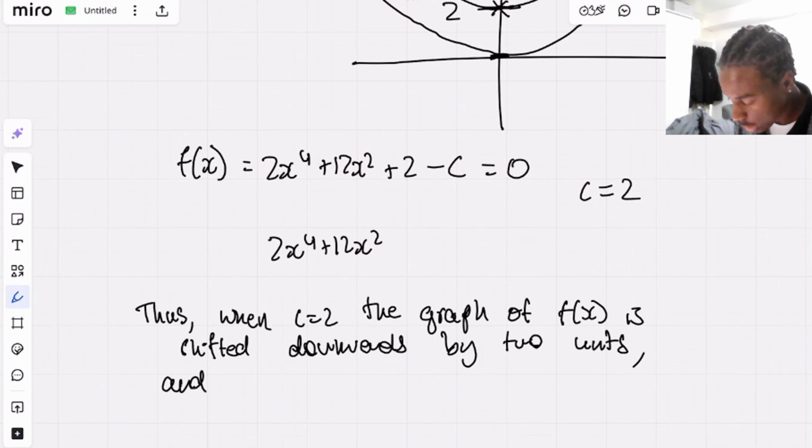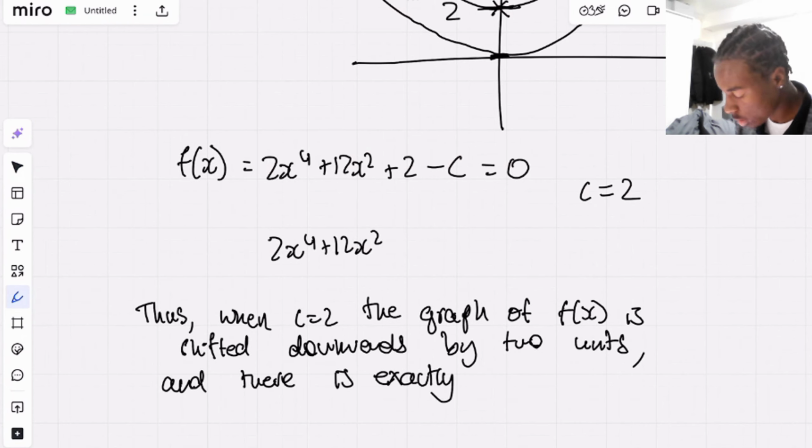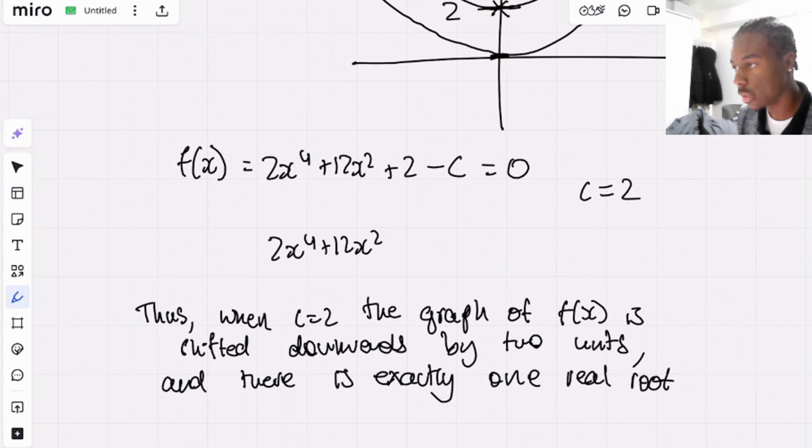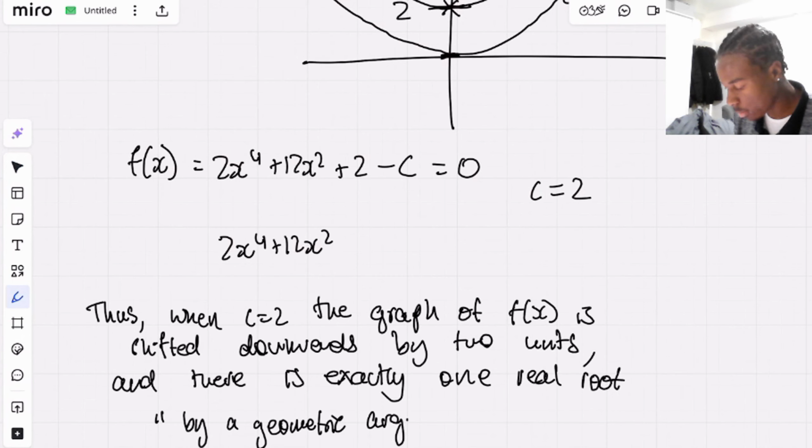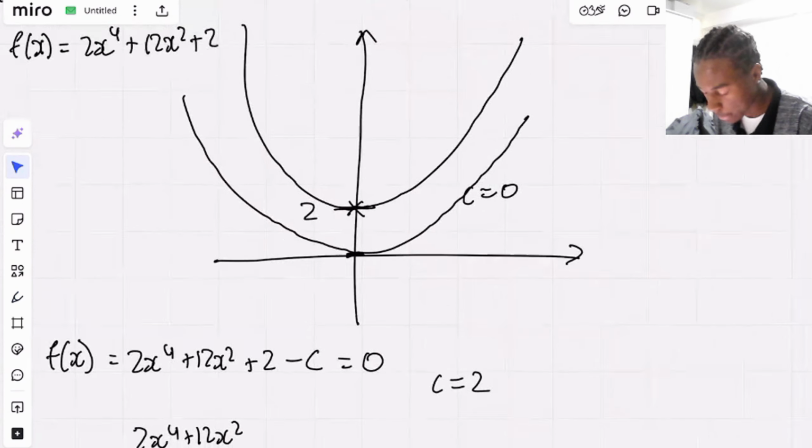And there is exactly 1 real root, and that's at the origin. Okay? And we can say this is by a geometric argument.